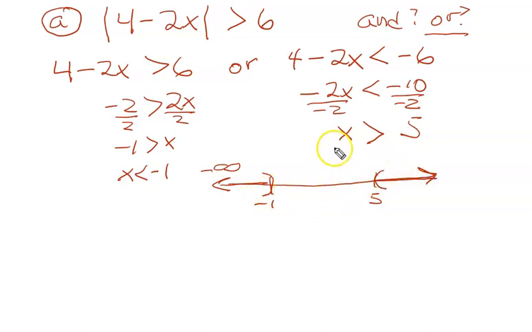So how do we write this? Remember, this is an or, a disjunction. Well, we're going to say from negative infinity, up to negative 1, parenthesis, negative 1's not included, and then we use the union symbol from sets.